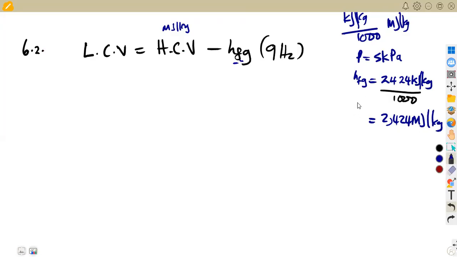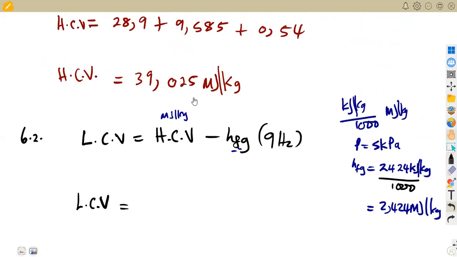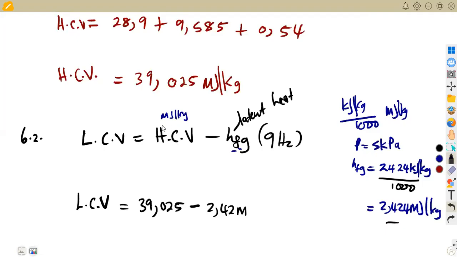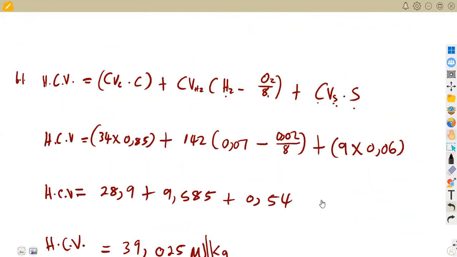So that is it. We can substitute our values, we have everything in this case. Our lower heat value, the lower calorific value, is going to be the higher heat value that we got previously, which was 39.025 megajoules per kg, minus the latent heat, which is already in megajoules per kg, 2.424, times 9 times the percentage of hydrogen.